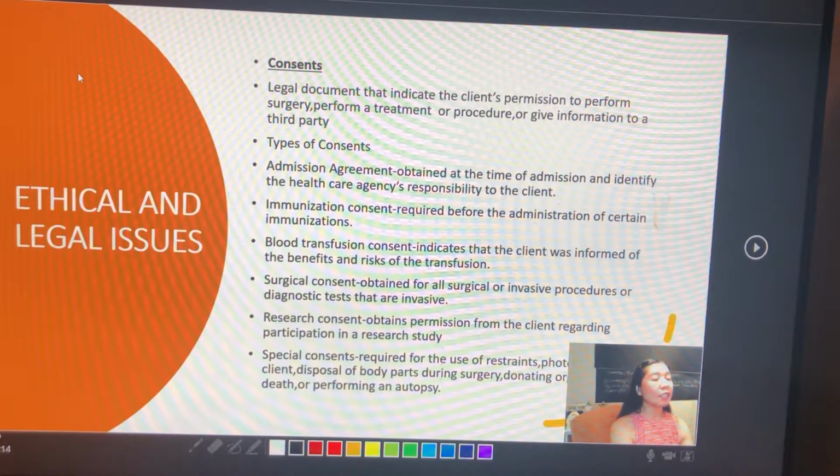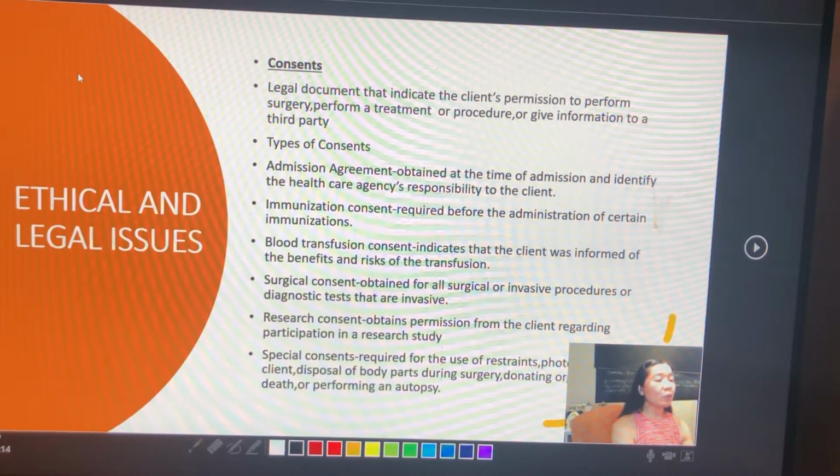The consent indicates that the client was informed of the benefits and risks of the immunization. 3. Blood transfusion consent indicates that the client was informed of the benefits and risks of the transfusion. Some clients hold religious beliefs that would prohibit them from receiving a blood transfusion, even in a life-threatening situation.